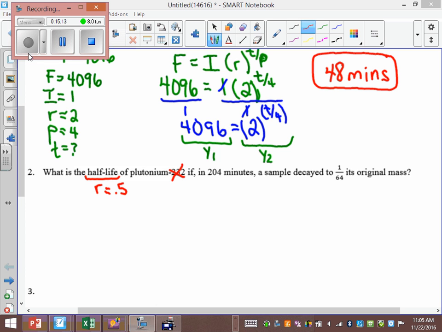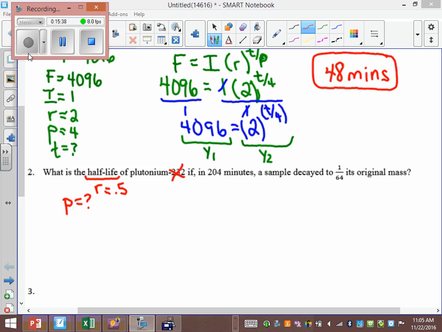What is the half-life of plutonium-232? P. It's asking us to find P. Normally, if it gave us P, it would be like the half-life of plutonium-232 is 20 minutes, or plutonium-232 halves every 20 minutes, right? But it's not giving us that. It's saying, what is the half-life? Well, R is 0.5. The only thing I have left to solve for is P, right?